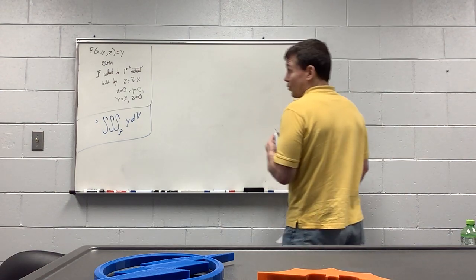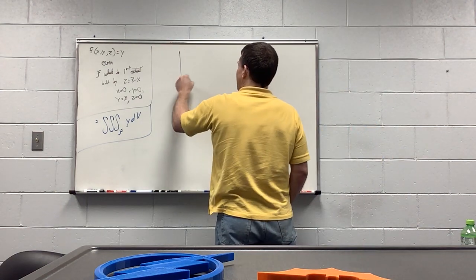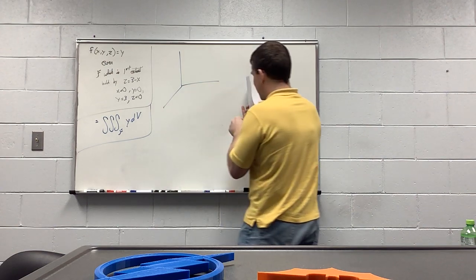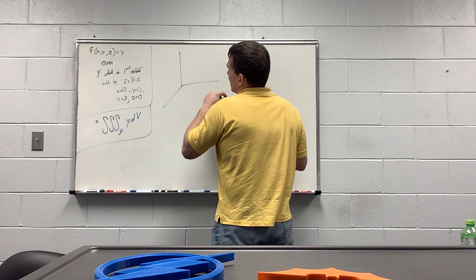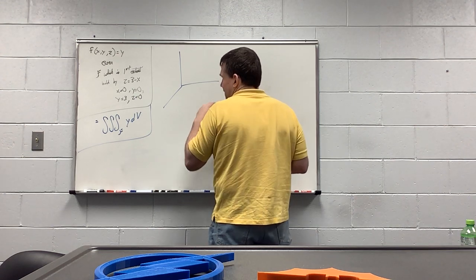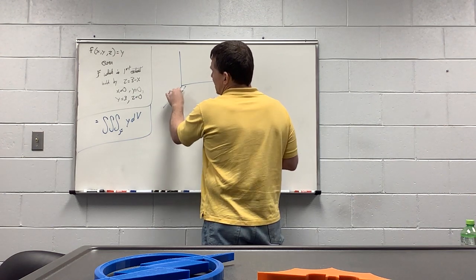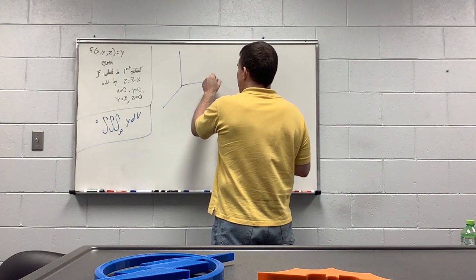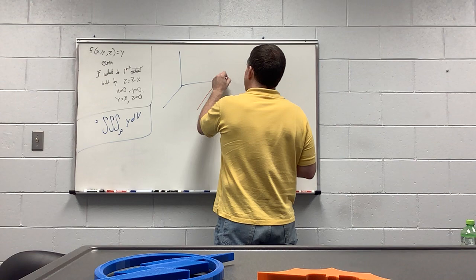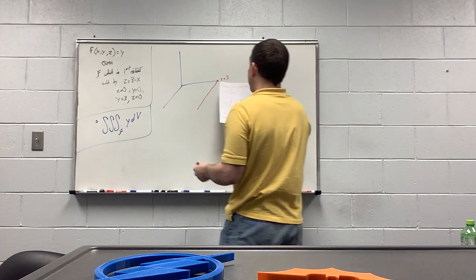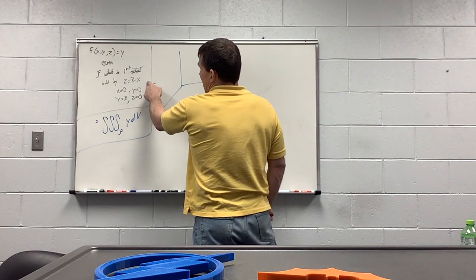First thing I do, graph it. And let's see if this graph comes out as nice as the one in my notes. So let's see. X is 0, y is 0, y is 3. So that's like right here. And that will shoot all the way up. Z is 3 minus x.